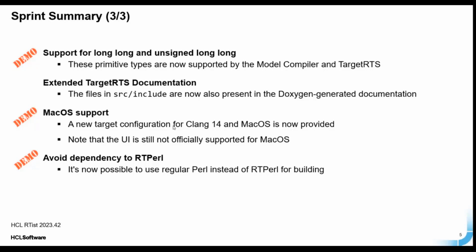So we have changed the default behavior for the RT-Perl variable, and now by default, when it's not available for a new platform, you will get a Perl automatically, assuming that Perl is in the path. Also, it's possible to redefine the RT-Perl variable according to specific settings of the project. Now you can change this variable from the UI as well.